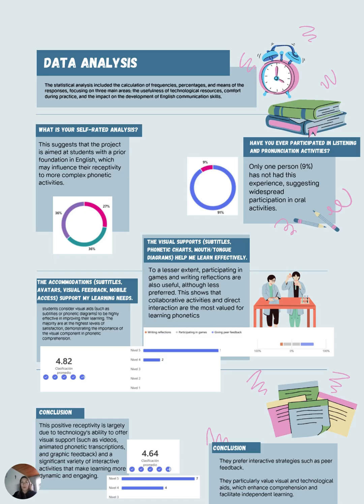Well, we have the other one: visual supports like subtitles, phonetic charts, and mouth-tongue diagrams help me learn effectively. On a Likert scale from 1 to 5, where 1 is the worst and 5 is the best, most of the participants selected number 5.